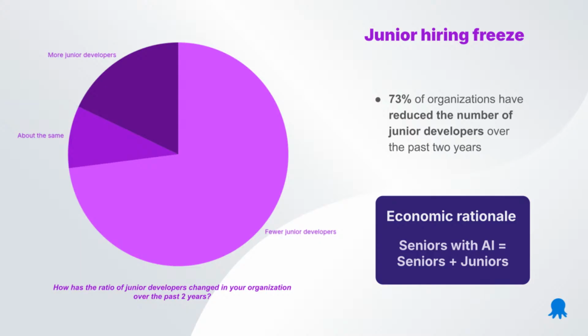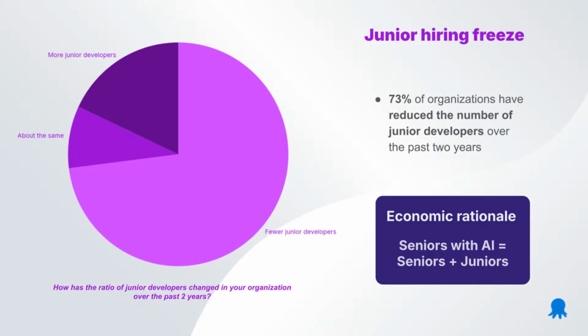Okay, so this graph is moving on from there, and it's talking about the junior hiring freeze. For a number of reasons, not just AI, there has been a massive reduction in junior hiring of developers. 73% of organizations have reduced the number of junior developers over the past 2 years.